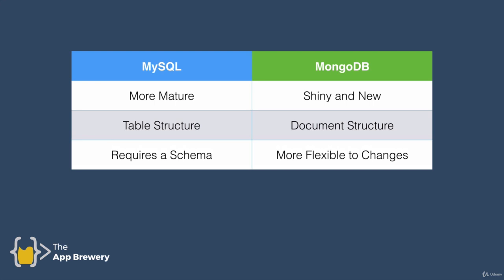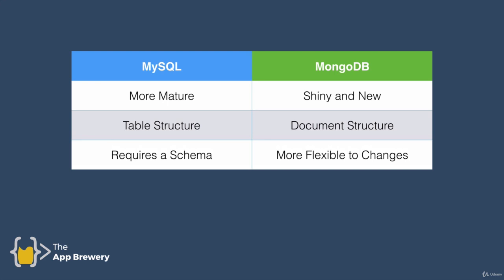Whereas with something like MongoDB and other NoSQL databases, they're more flexible to changes. So if you're a young startup and you haven't really figured out how you're going to organize your data or what kinds of data you're going to store, then it might be a better idea to choose this particular type of database.